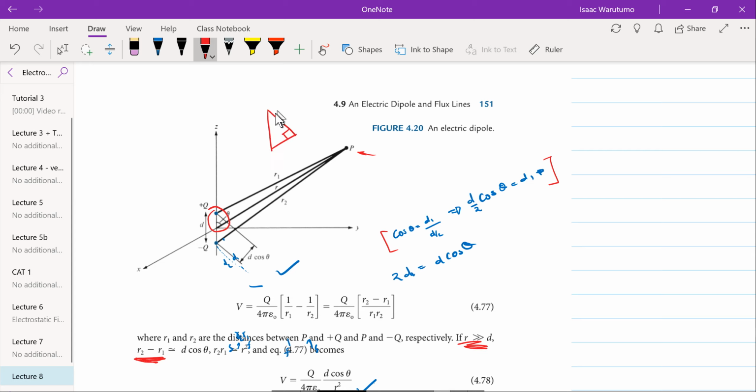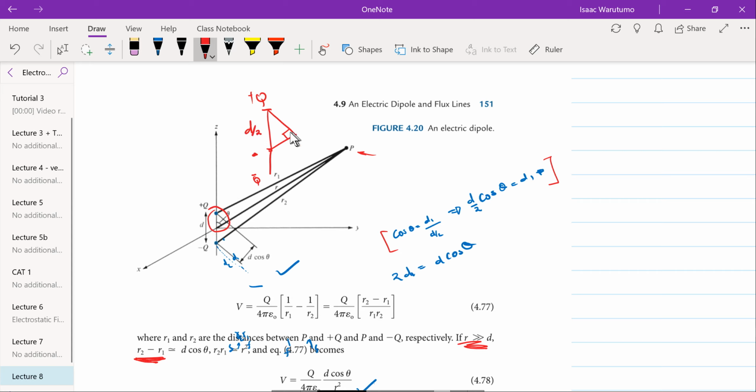From this point to this point, this is from the point where we have Q plus, and this is where the center of the dipole is, and the other half is going to be where we have Q minus. So if you consider that to be your dimension, and we know the length of the dipole is d, then this is going to be a half d.